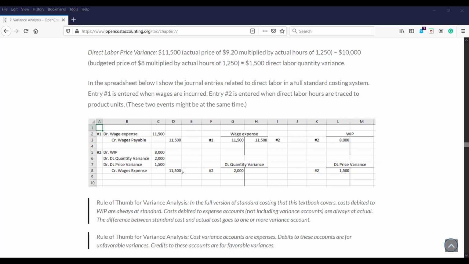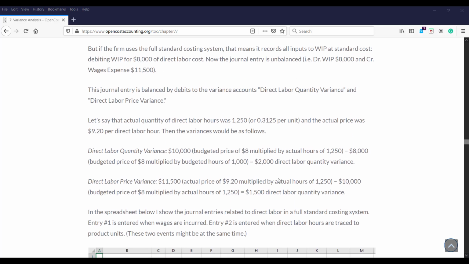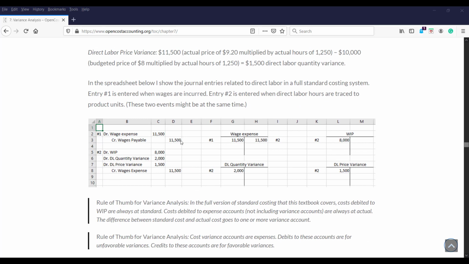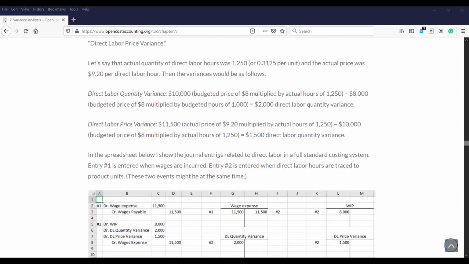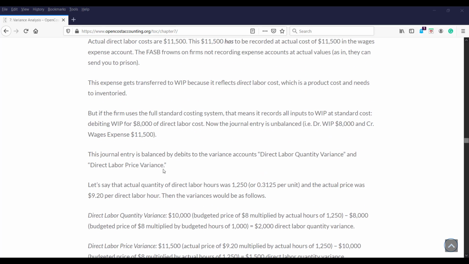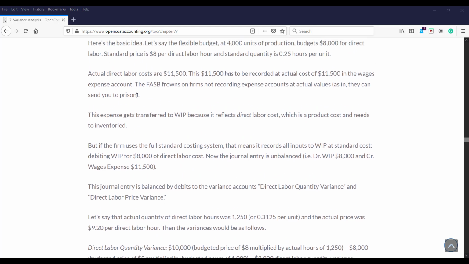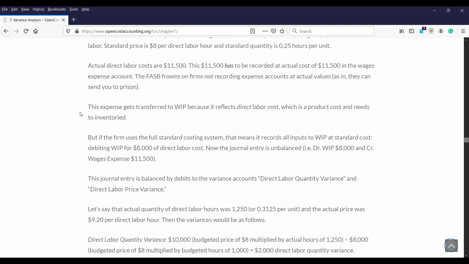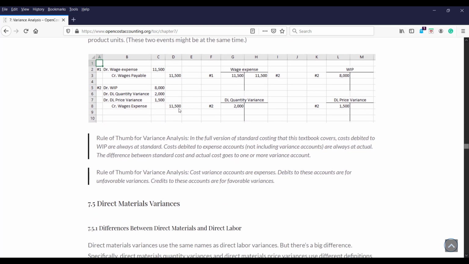They frown on you not recording your expenses and concordantly your liabilities at actual cost. Just ask the Enron people about that. You can get sent to prison for not recording expense accounts and liability accounts at actual values. So of the two, that has to be the one that's at actual.